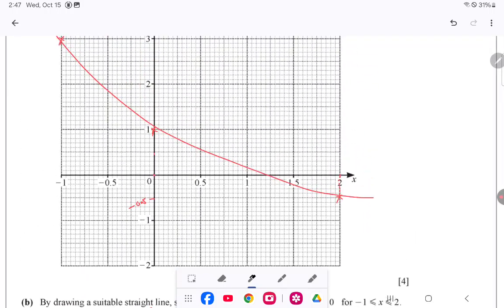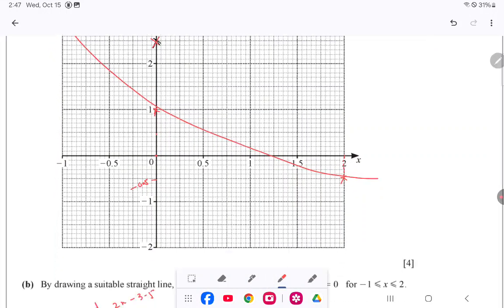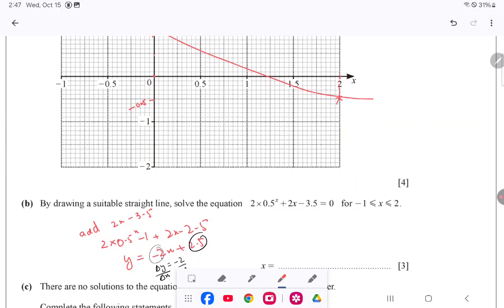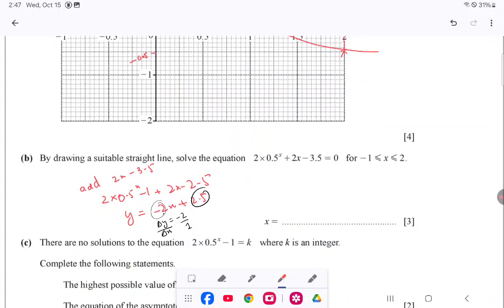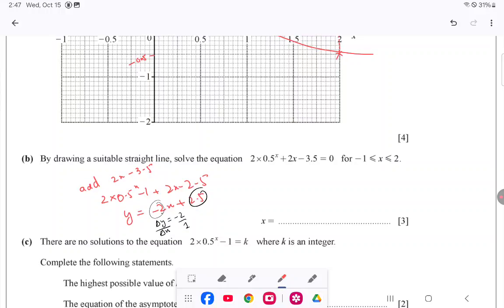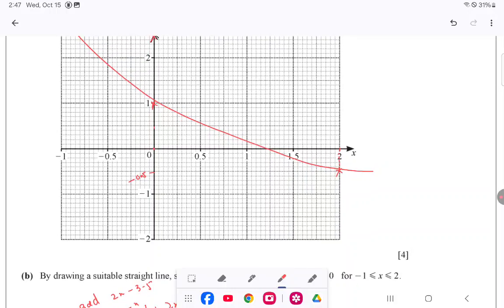This is our 2.5 for the intercept, and from that move 2 units down and 1 unit on the x-axis, and this is our second point. Form a line.